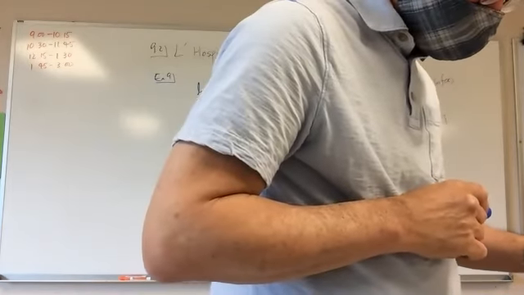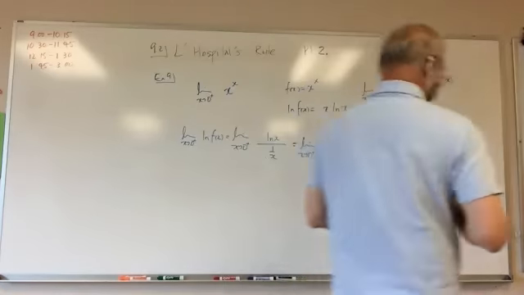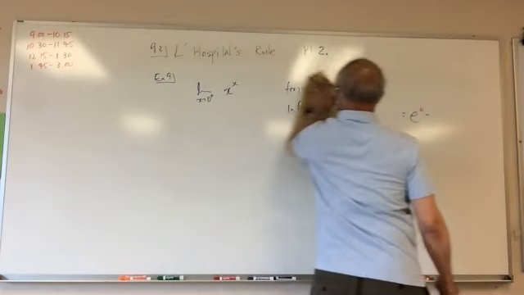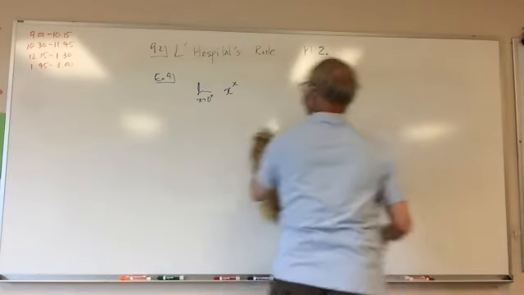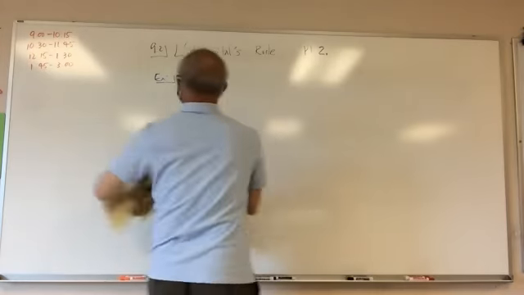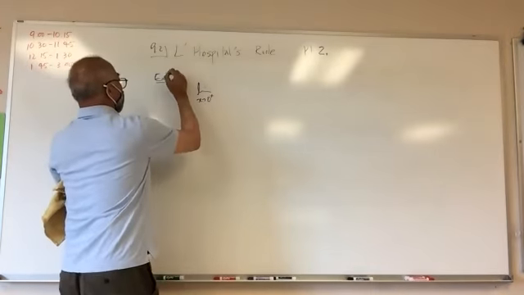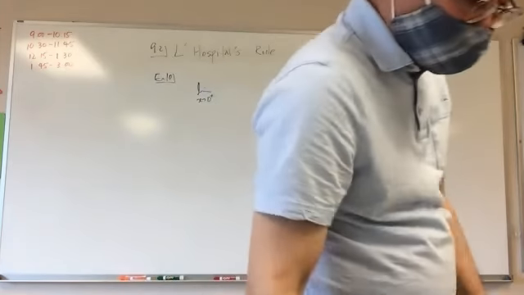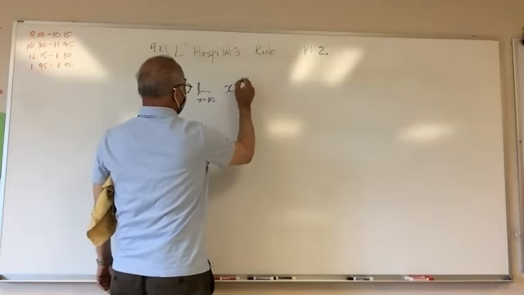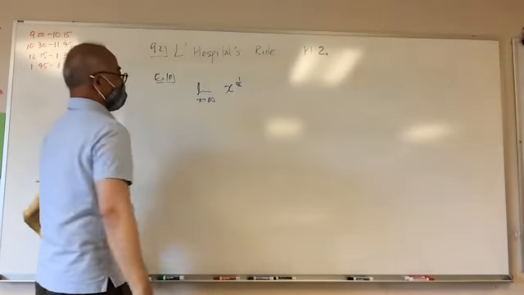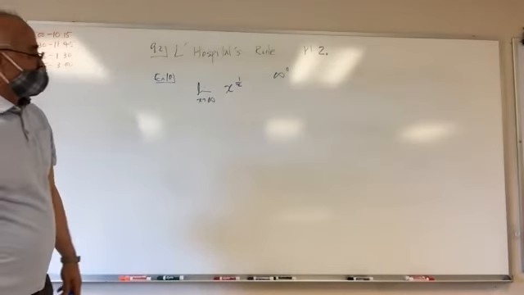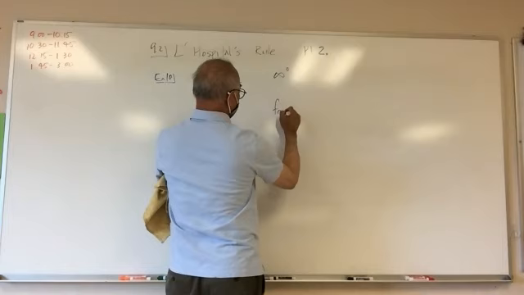Okay, last but not least, we have one more to do, which is similar to what we just did. Example number 10. You're trying to find, as x goes to infinity, x to the 1 over x, which would be an infinity to the 0 form. Okay, so I'm going to call this guy f of x.